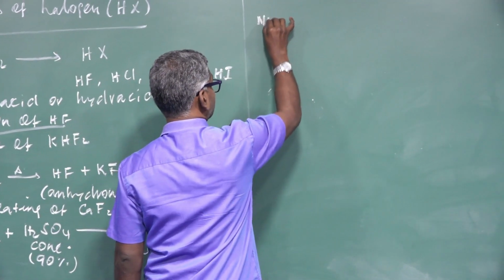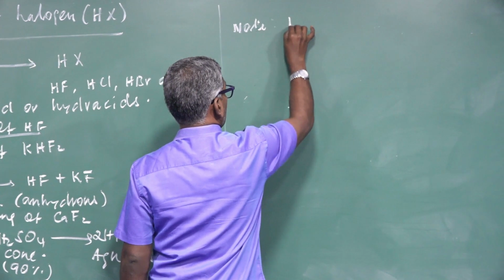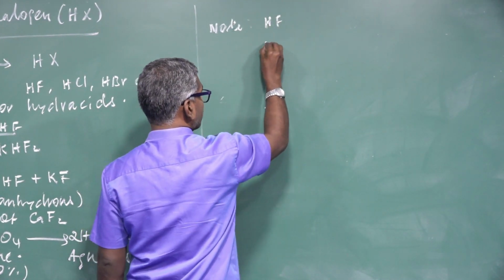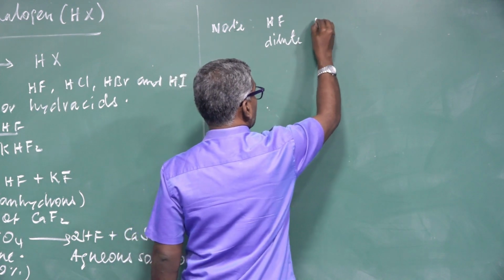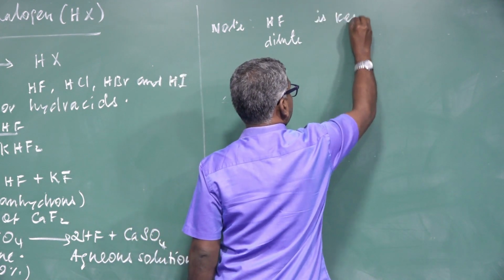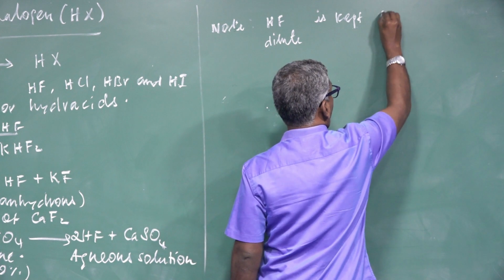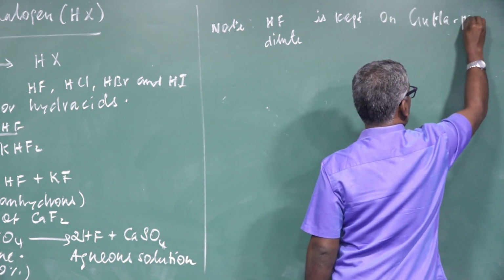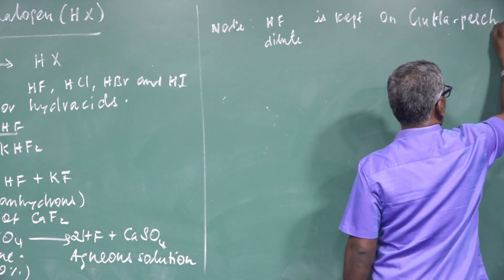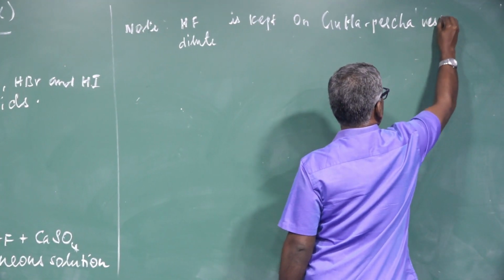Here, dilute HF is kept in gutta percha vessels.